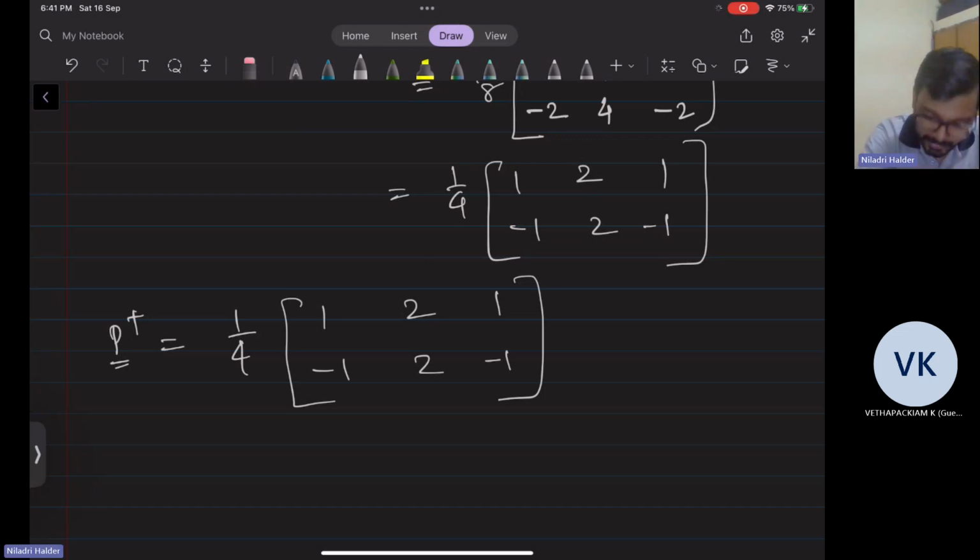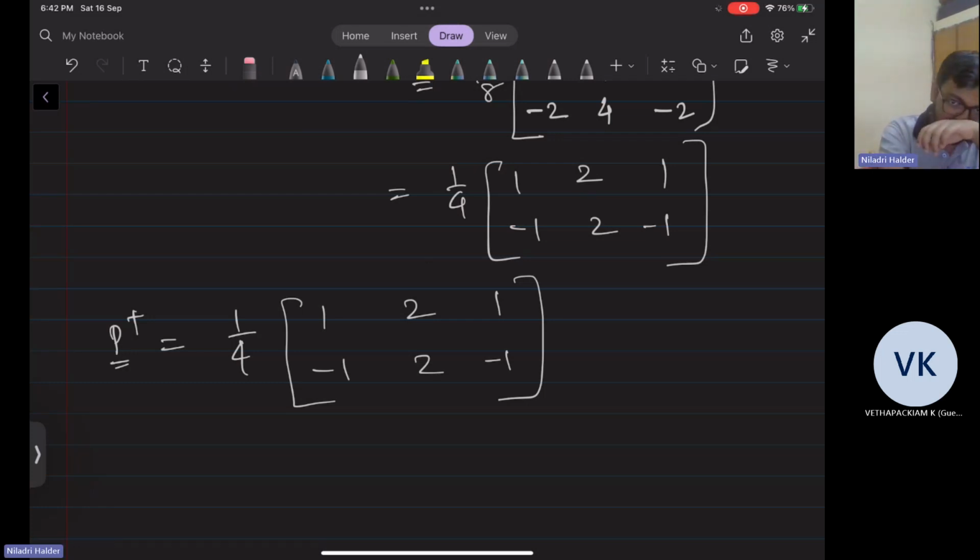There is a website online where you can find how to compute the pseudo inverse, and in MATLAB also you can find it. Yes, it is correct.